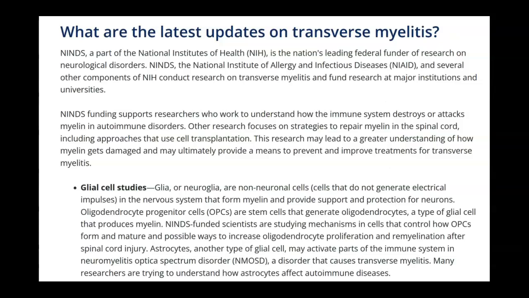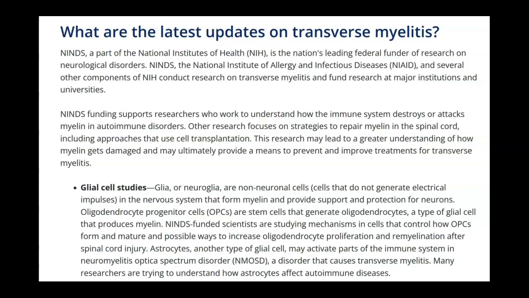And as they say, they are the leading funder of research on neurological disorders. NINDS, the National Institute of Allergy and Infectious Diseases, and several other components of NIH conduct research on transverse myelitis and fund research at major institutions and universities. Their funding supports researchers who work to understand how the immune system destroys or attacks myelin in autoimmune disorders.